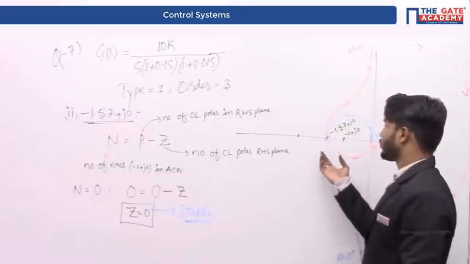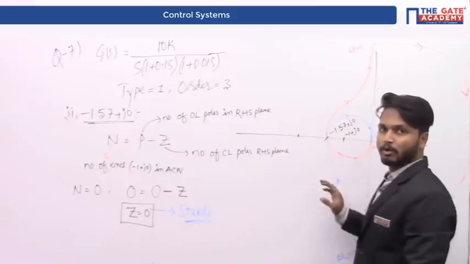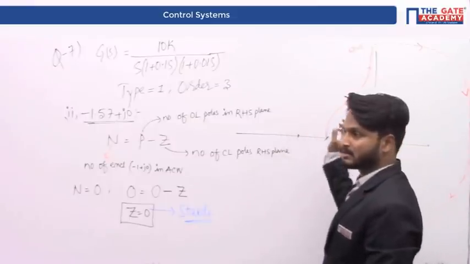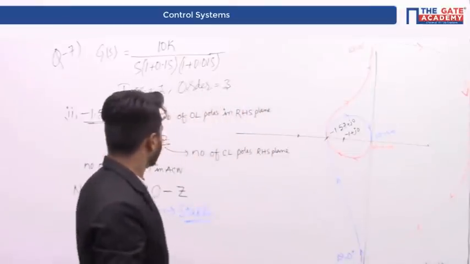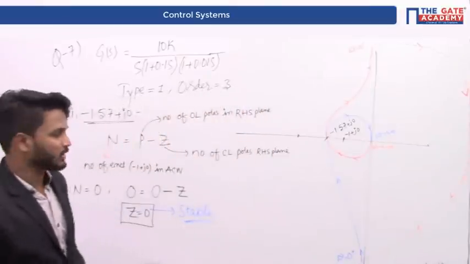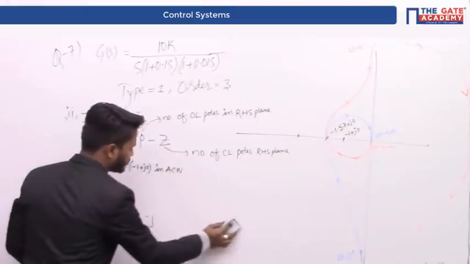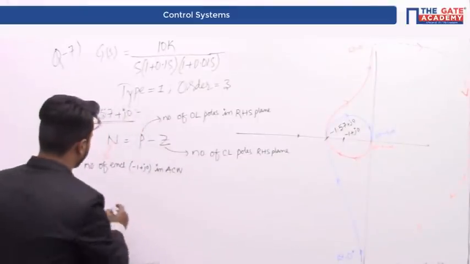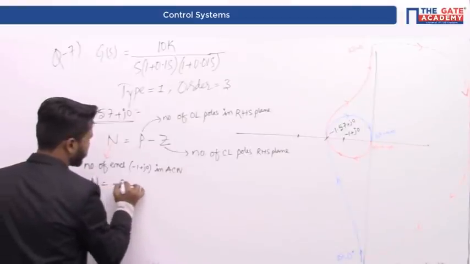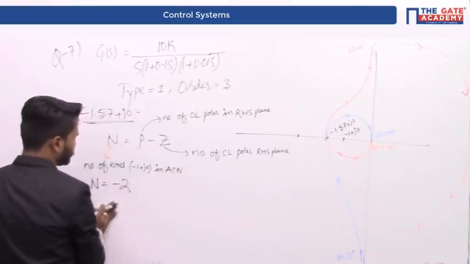Therefore, the plot now encircles this twice. In which direction? Anti-clockwise direction. Therefore, the number of encirclements this time is going to be how much? N is going to be equal to minus 2.